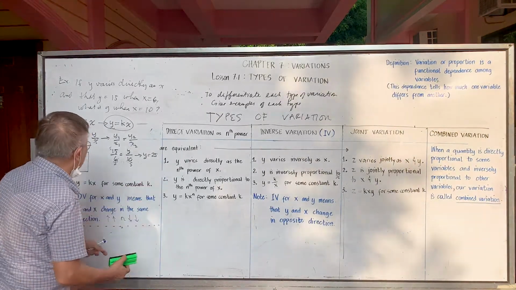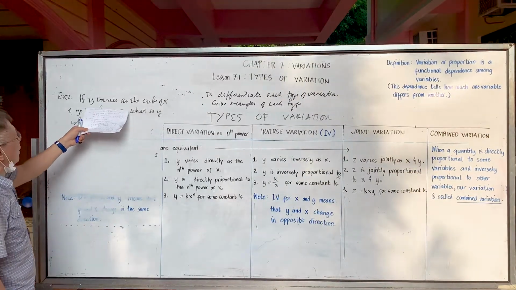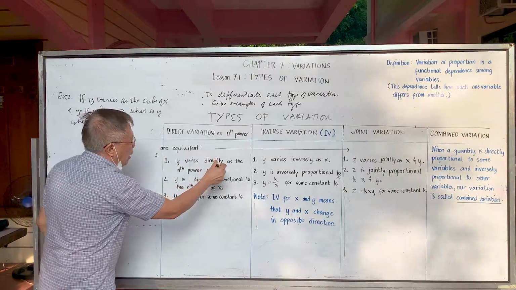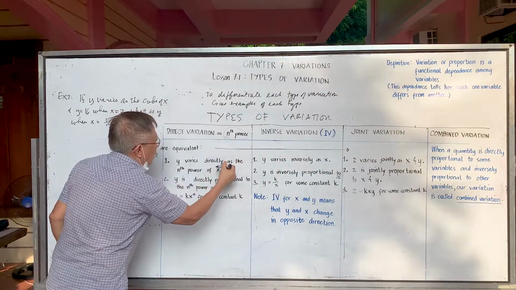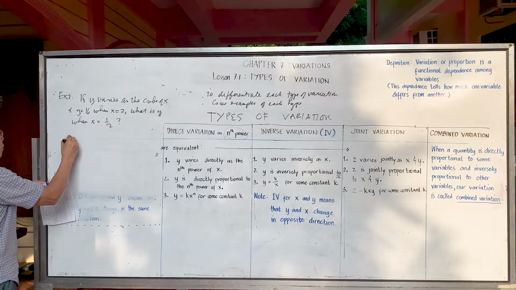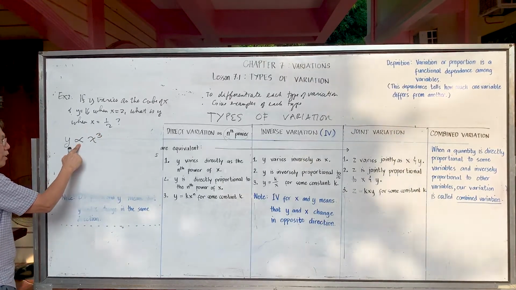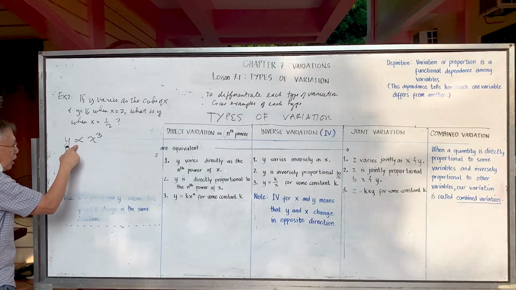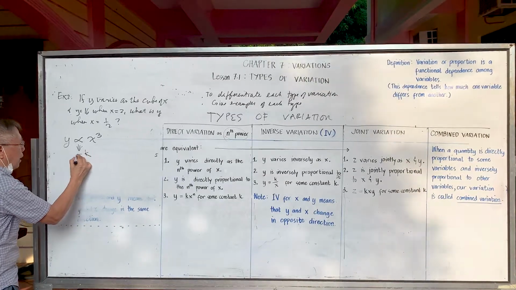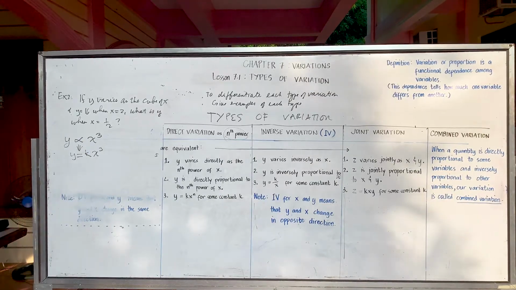Let's have number 2. Okay. Y varies directly as the cube of x. The only difference between the first variation and this second one is there is an exponent in x here, nth power. Okay? So, y varies as the cube of x. Now, if we turn this proportionality symbol into equality, we are going to introduce the constant of proportionality k, and this one now will be y equals kx cubed.